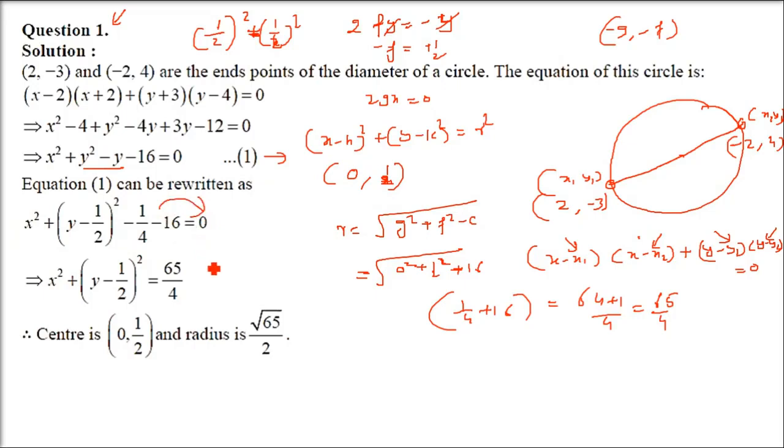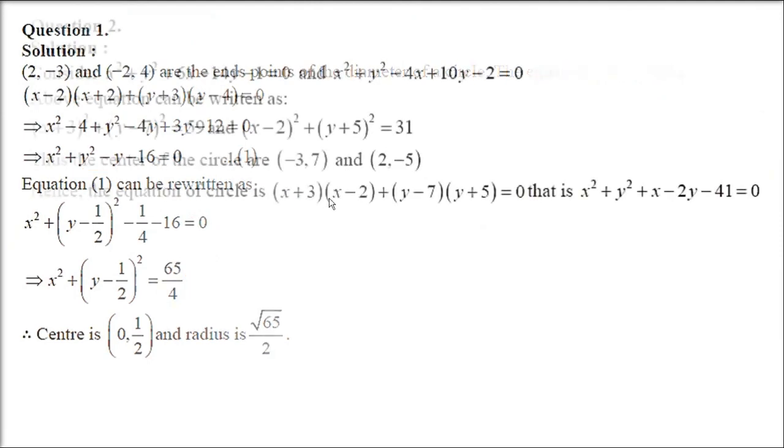The same thing you will do here if you are using the perfect square method: 1 by 4 and 16 will go on the right hand side, so that will be 65 by 4, and 65 by 4 is r square. So you have to take the square root, and the square root of 4 is 2. So both ways you can solve it. Center is going to come as (0, 1/2), minus g and minus f, and radius is under root 65 by 2.